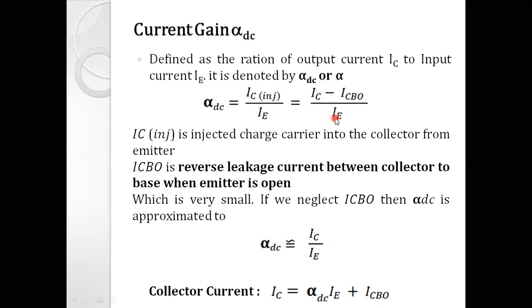When I send the denominator IE to the left hand side, it gets multiplied with alpha DC. So IE into alpha DC, and when I send this ICBO to the left hand side, it becomes plus, and on the right hand side only IC remains. So collector current IC in terms of alpha can be represented as IC is equal to alpha DC into IE plus ICBO.